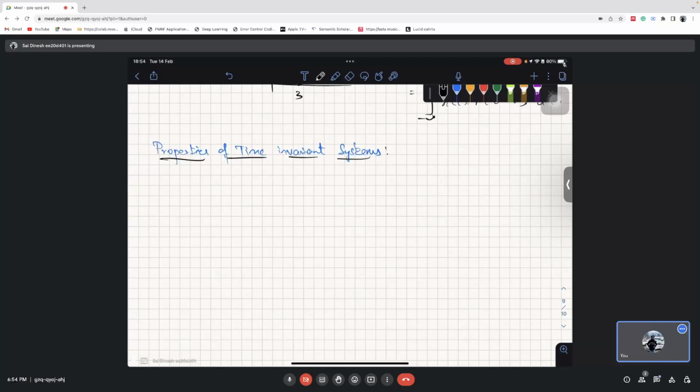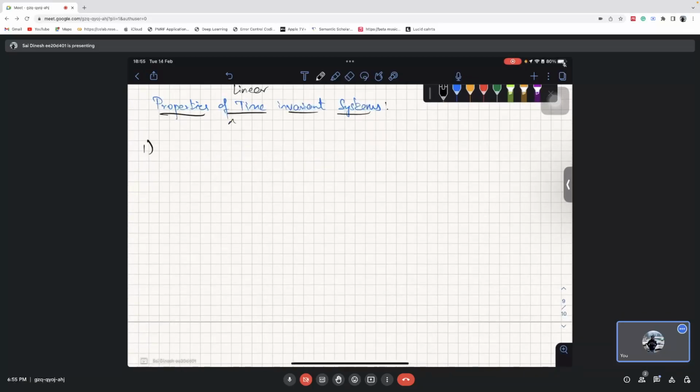So first one would be the commutative property. So properties of linear time invariant systems, right? So first let's talk about the commutativity property.